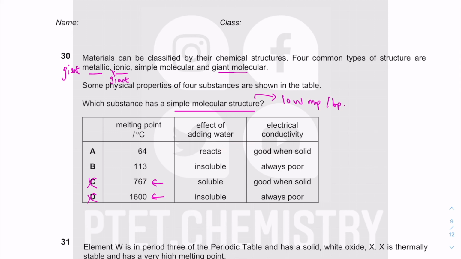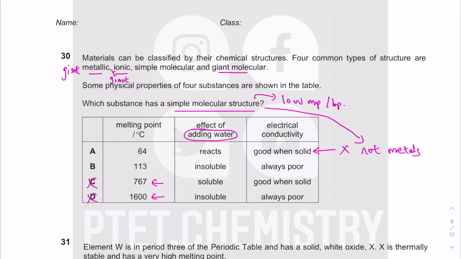All right, so effect of adding water. Covalent molecules: simple molecules are typically insoluble in water. They don't just react with water. But electrical conductivity is the one that gives it away. Good when solid: this is not metals.